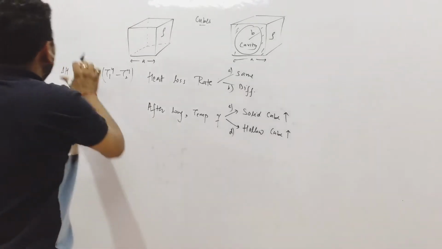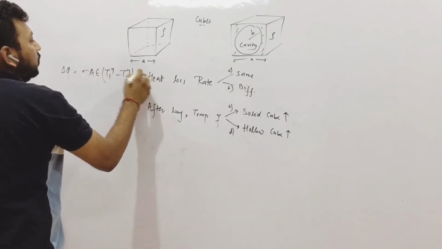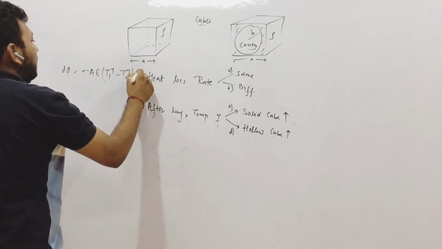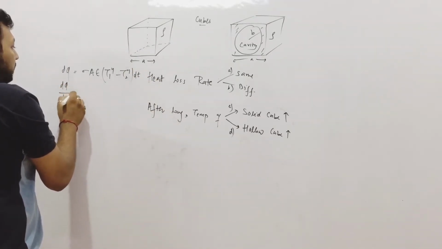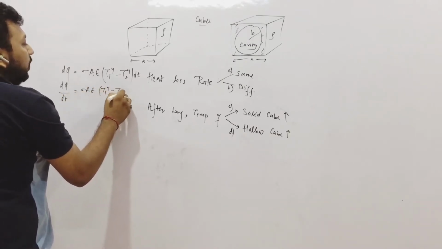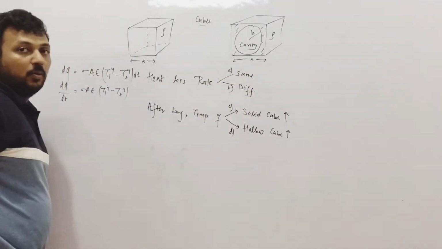If we say dQ, then it is dt here: in a small time dt, a small dQ change. Now dQ upon dt equals sigma A emissivity (T1 to the power 4 minus T2 to the power 4). Both of them are at the same temperature, as I told you.